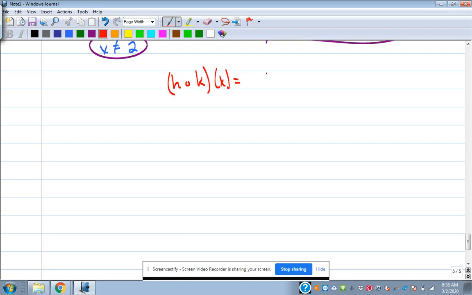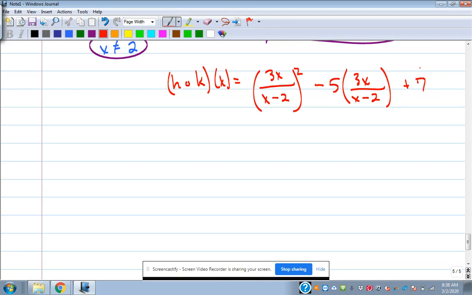So that's going to be 3x over x minus 2 squared minus 5 times 3x over x minus 2 plus 7. Okay, we want to simplify that. So that's going to be 9x squared over x minus 2 squared minus 15x over x minus 2 plus 7 over 1.